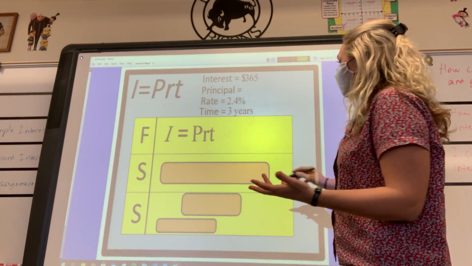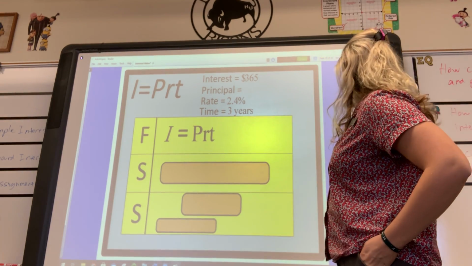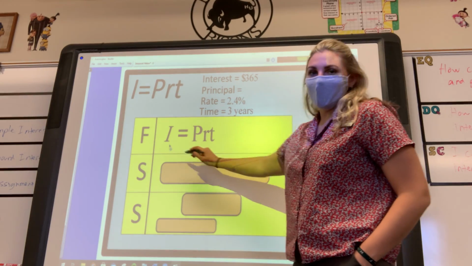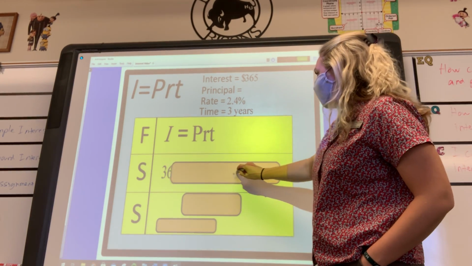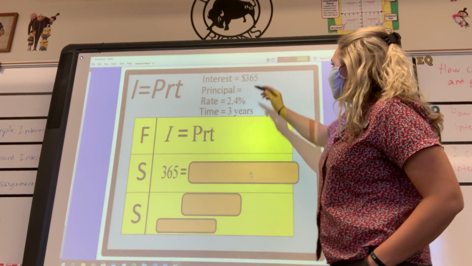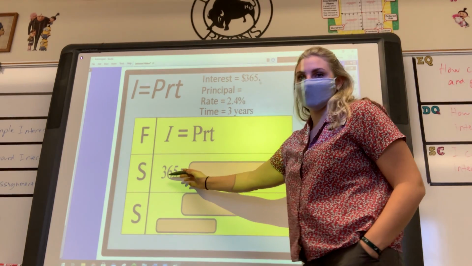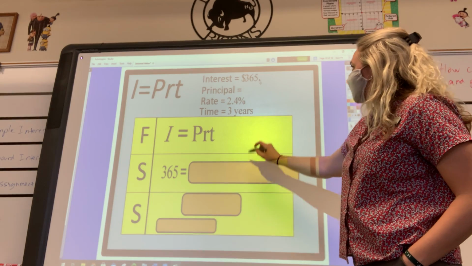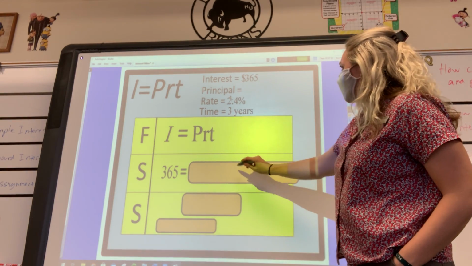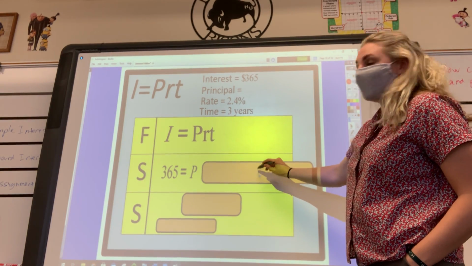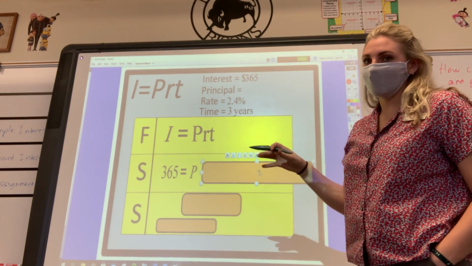Up to this point, we've always left our I as an I, but now our I is going to be 365, so the 365 is going to appear here in our formula. We don't have a principal, so that leaves us with just a P. We're going to leave that as our unknown value.